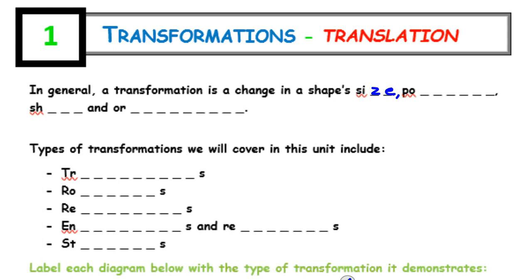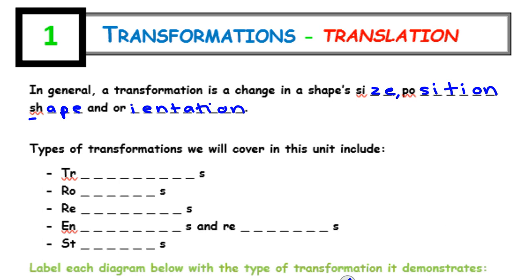That's right, position. So a change in a shape's size, position, shape, and try to think of the way it's situated in space, starting with OR: orientation. So a transformation is a change in a shape's size, position, shape, and orientation.